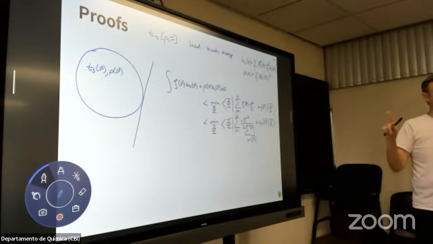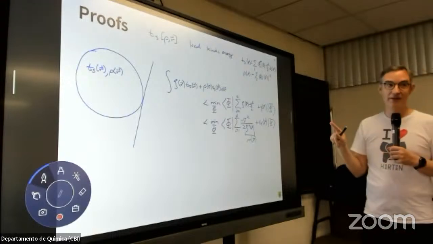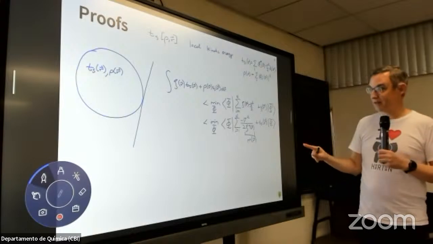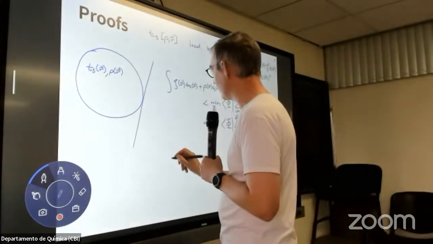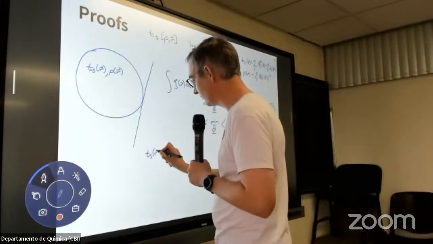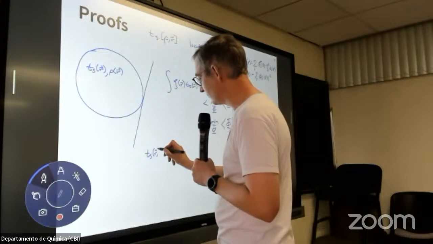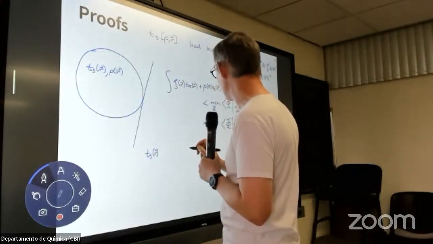But I want you to remember this key result. This means, in fact, that I can define, using the same normal tricks, I can define... how should I write this to be clean?